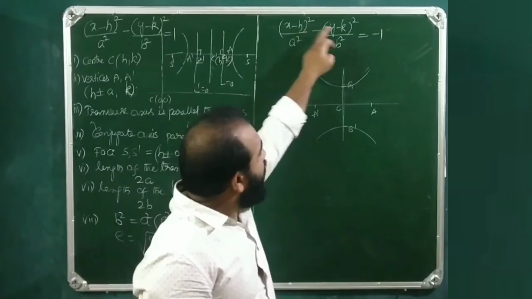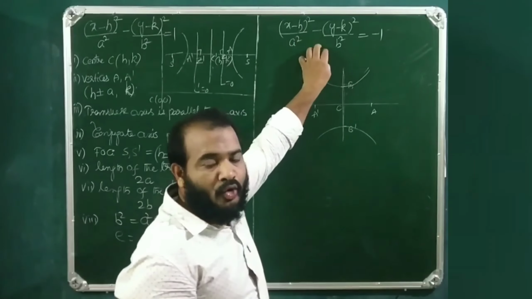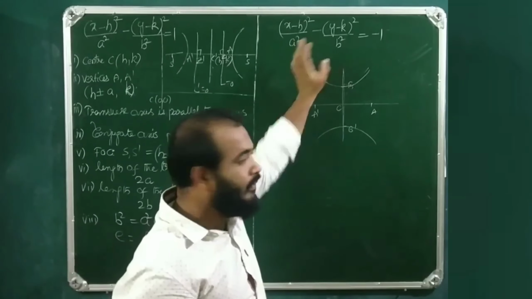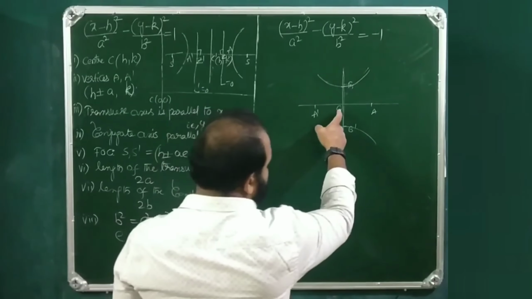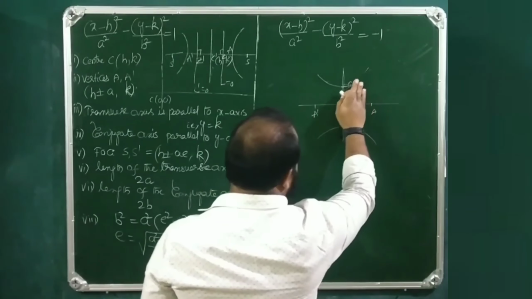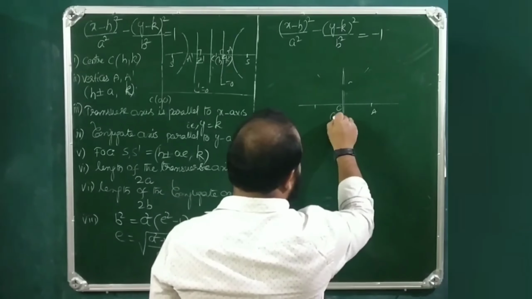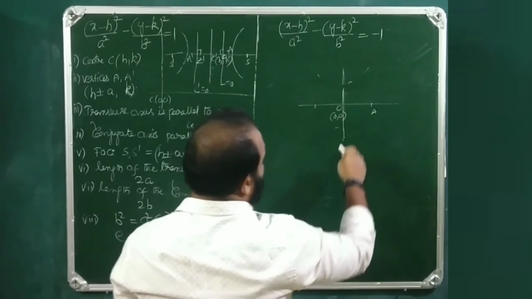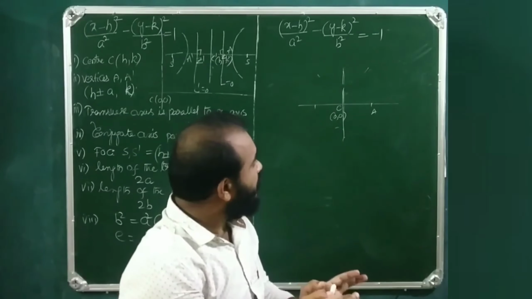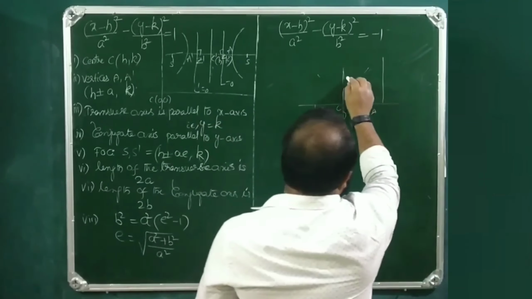But h comma k we could see here, that means it is subjected to the transformation of axis. Shifting of origin has taken place. Therefore, C is shifted to some other place. That means the hyperbola is shifted, this is the origin, and this hyperbola is shifted without actually changing the direction of the coordinate axis. So it is shifted like this.